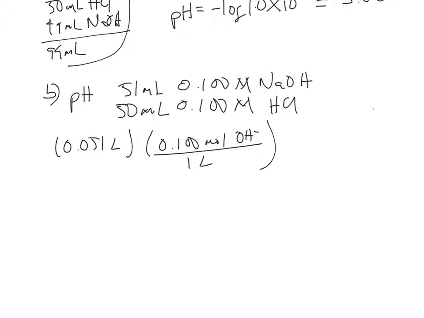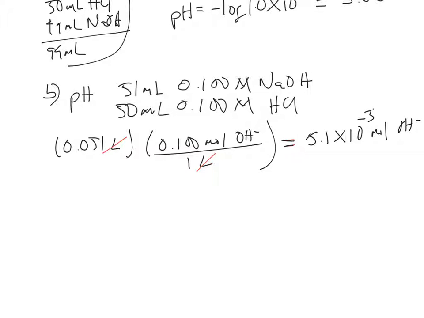Remember that because the sodium hydroxide is an ionic compound, it could be dissociated. So the concentration of sodium hydroxide is the same concentration as OH. So that's why sometimes you see sodium hydroxide or OH. So now we cancel the units of liters, and this will be equal to 5.1 times 10 power of minus 3 moles of OH.